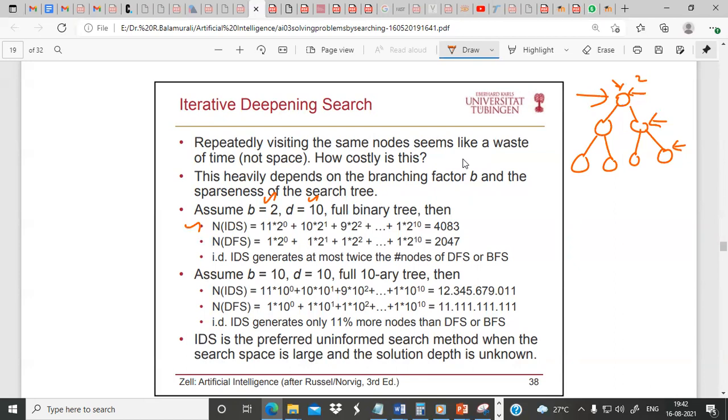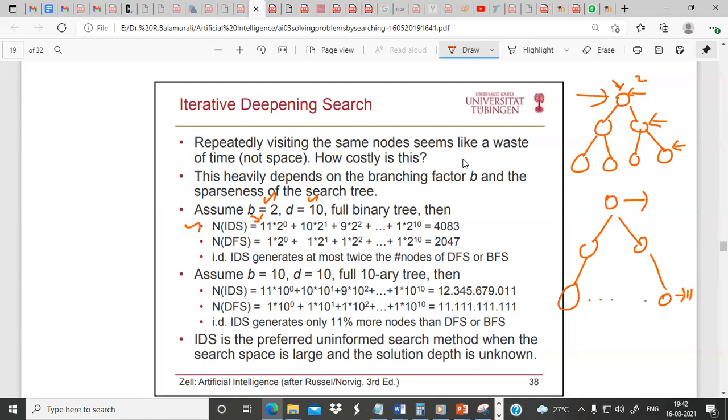So the number of accesses for IDS is the nodes at depth 11. The depth is 10, which means the root node is depth 0 and the one at the next level is depth 1, so the nodes at depth 10 are actually at the 11th level.